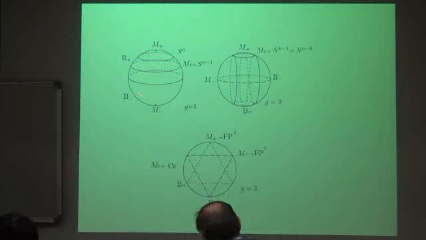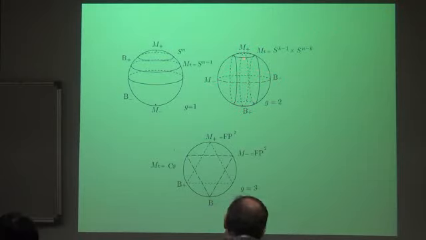When g is equal to 2, the two focal submanifolds are given by these totally geodesic subspheres. And from each point of this focal submanifold, a wave starts like this and develops in this way at each point.